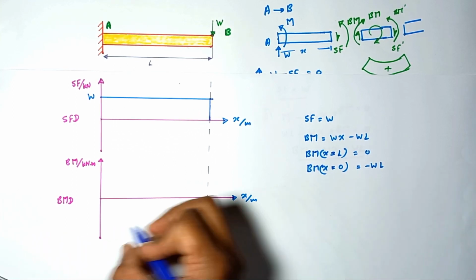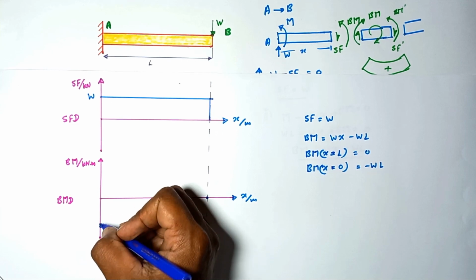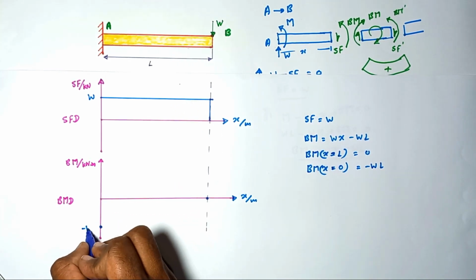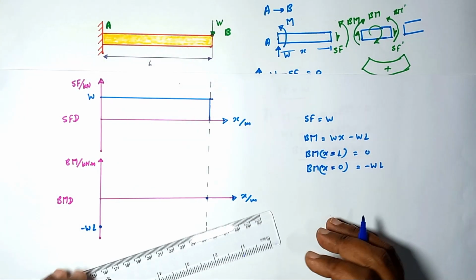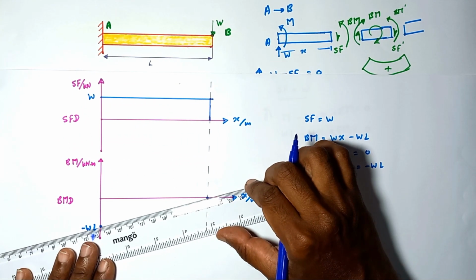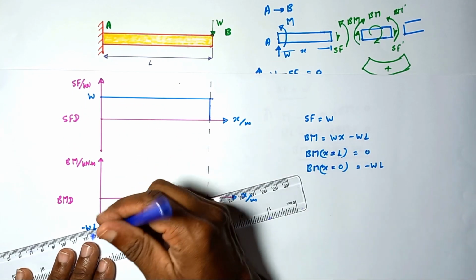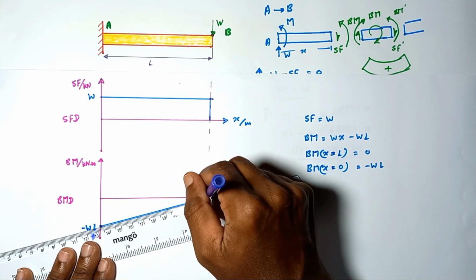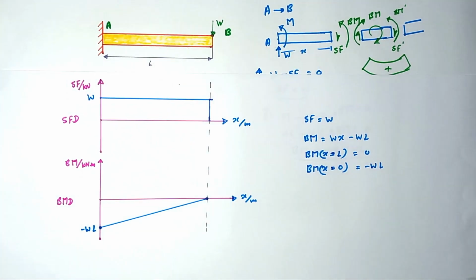So we can easily obtain the graph by joining these two points. This is the bending moment diagram. This is how we draw the shear force and bending moment diagram for this kind of beam.